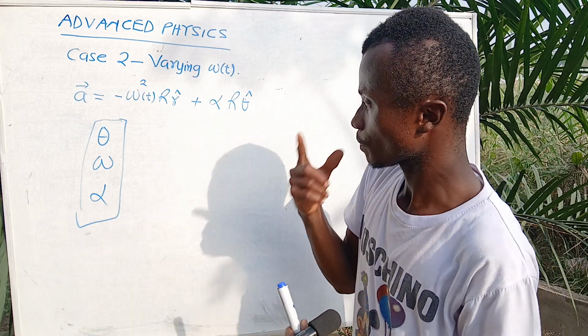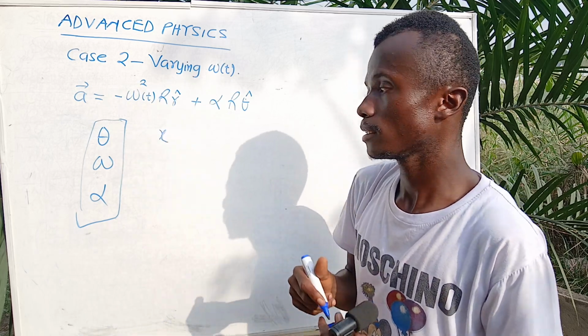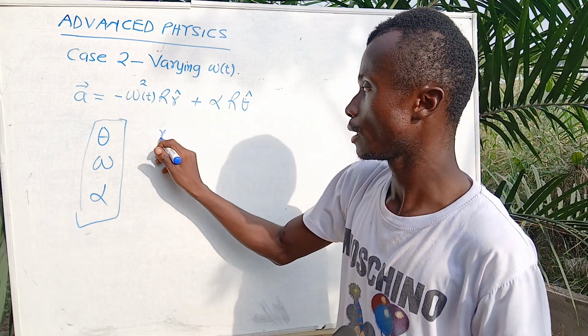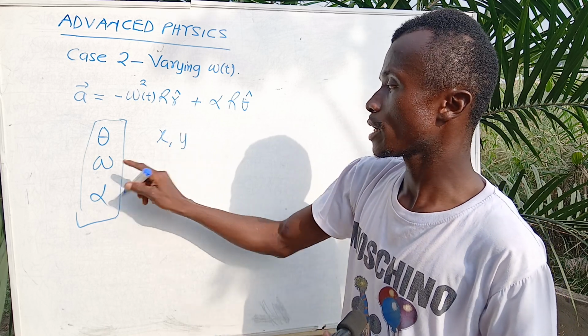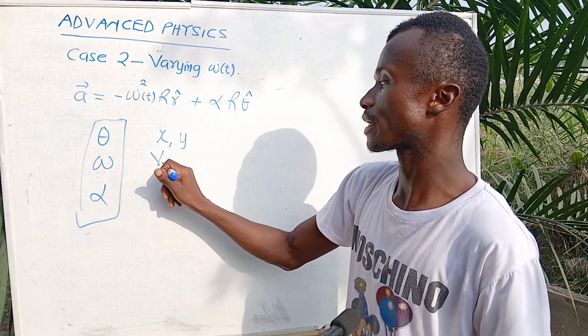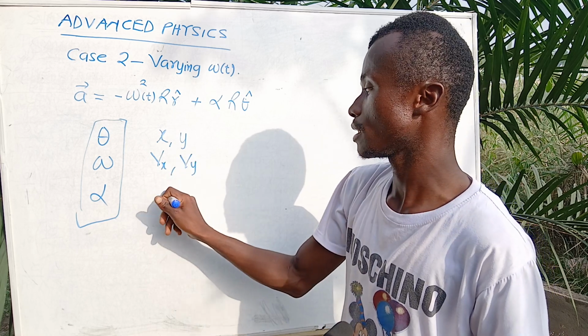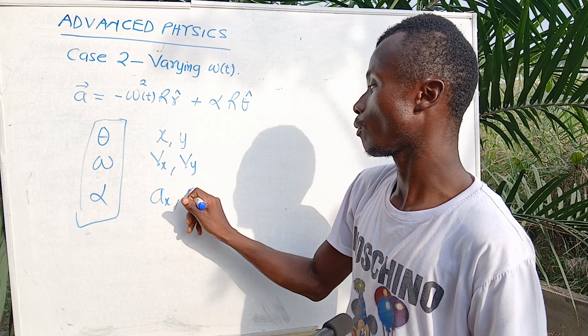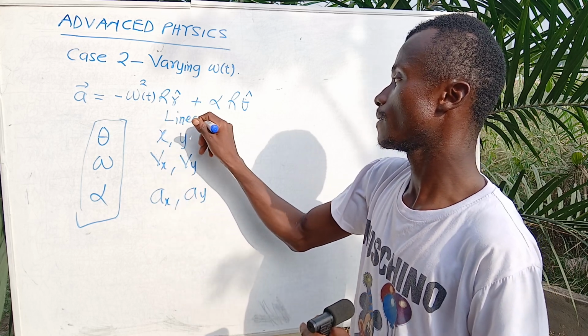So for linear motion, theta is x in one dimension, or y. Omega is v, vx, or vy. Alpha is a, ax, or ay. So this is linear, and this is angular.